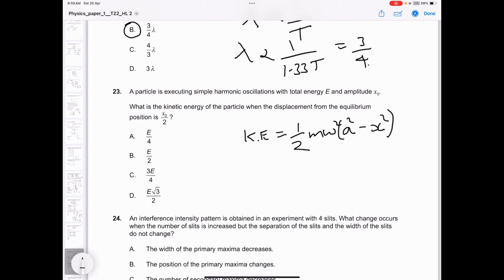So we just have to look at a squared and x squared. If we say a is 1, it's 1 squared minus x naught over 2 squared, so that's going to be x naught squared over 4. So this gives us 3/4. So the new energy must be 3E over 4, which is 23C.